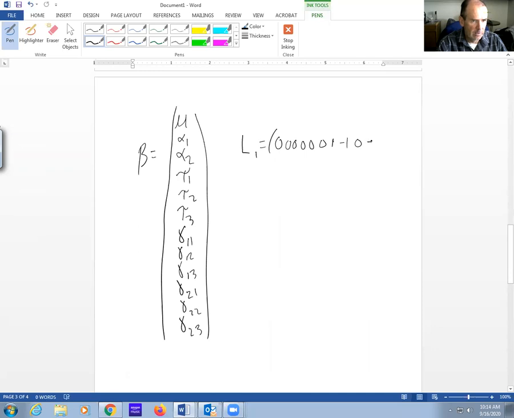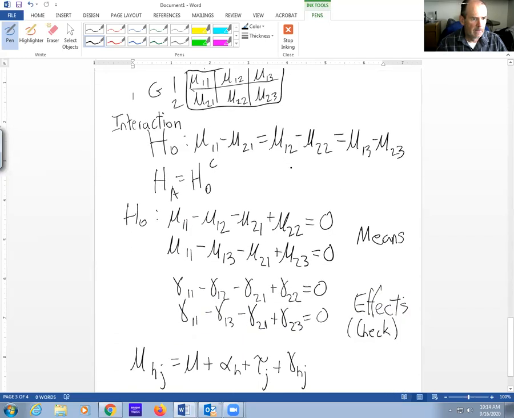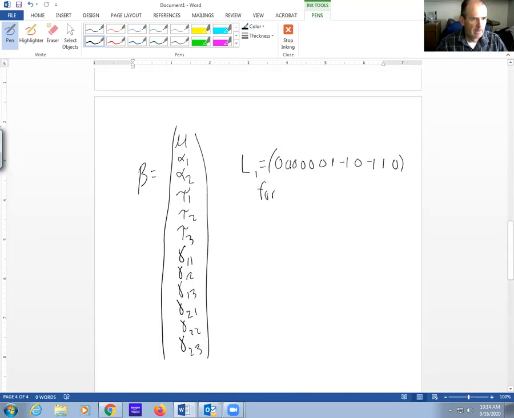Then we'll have a -1, 1, and a 0. And that's for that first piece, where we're comparing, and so I'll put that in parentheses.